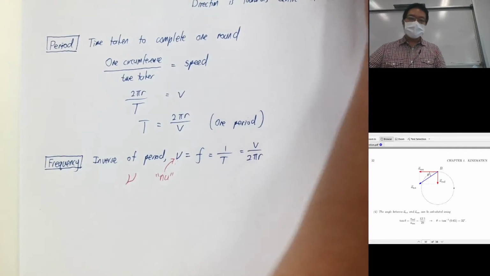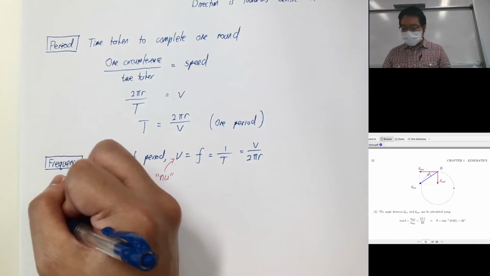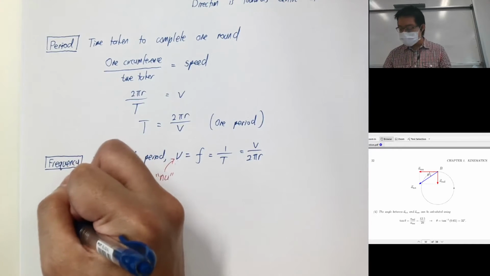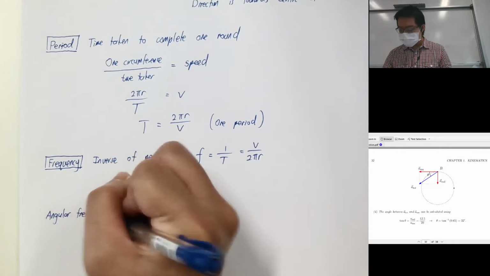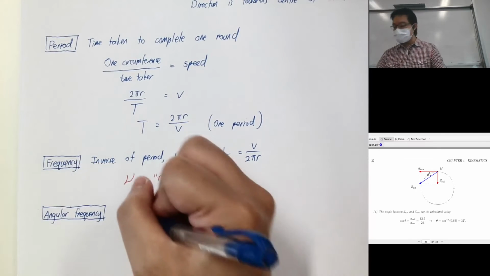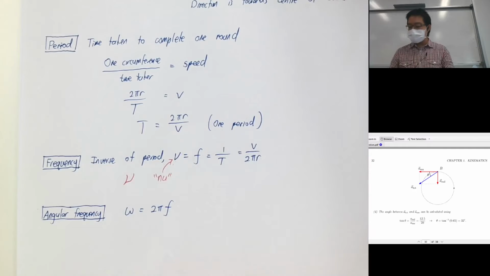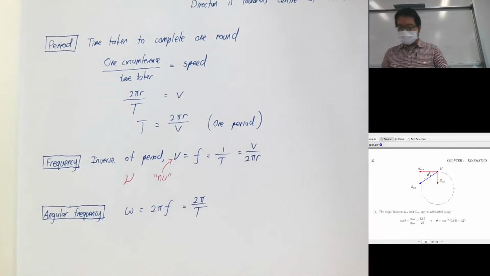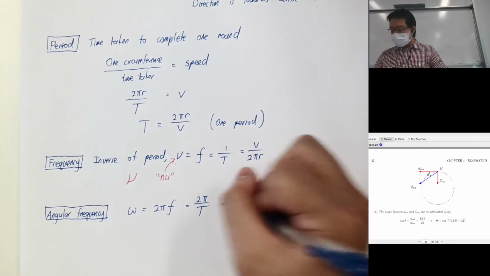Anyway, that's the frequency, and then we will be encountering, especially when we talk about rotation, the angular frequency. The angular frequency is just 2 pi times the frequency. So we have omega equals 2 pi times f. And since f is 1 over T, you get 2 pi over the period, right? And since the period is 2 pi r over v, we can calculate even further.